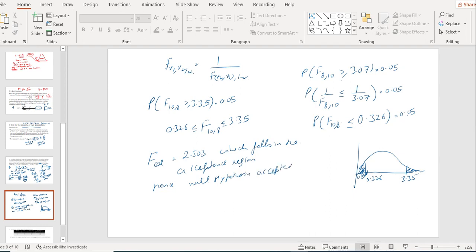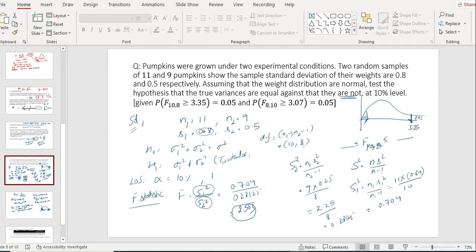Null hypothesis accepted means that both the samples have been drawn from populations whose true variances are equal. Okay, so what is the null hypothesis? That both the samples have been drawn from populations whose variances are equal, hence the result.